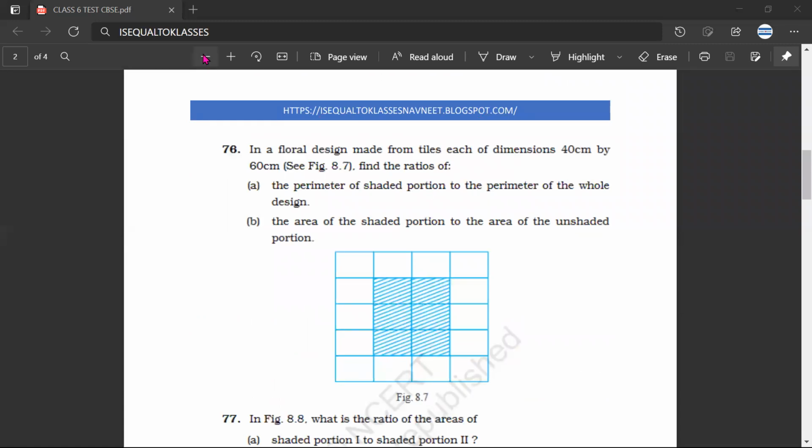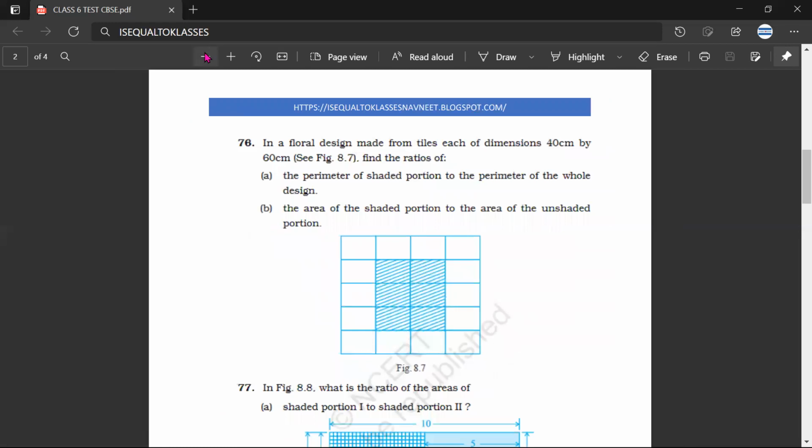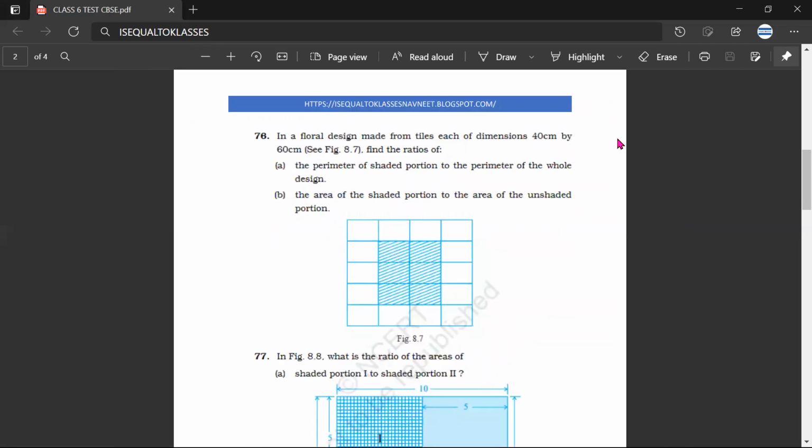Okay. Mr. Sarthak, you were able to do 76? Yes, sir. Okay. So this is a floral design made up of tiles of dimension 40 centimeter by 60 centimeter. So each of these tiles is 40 centimeter by 60 centimeter. This is one tile.